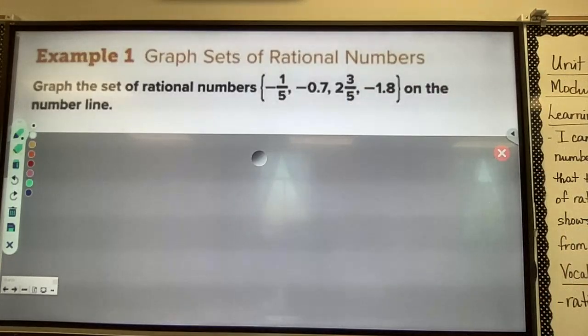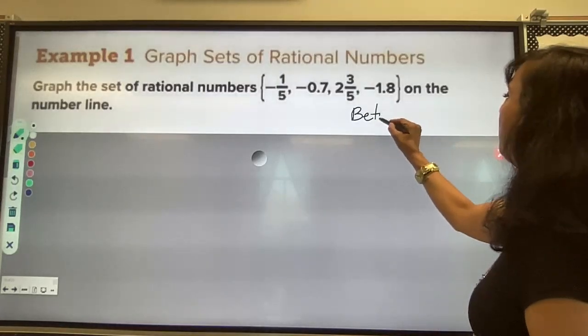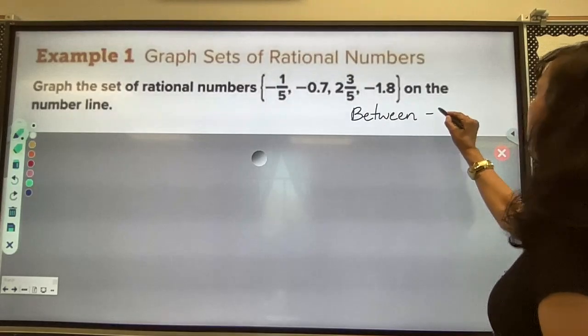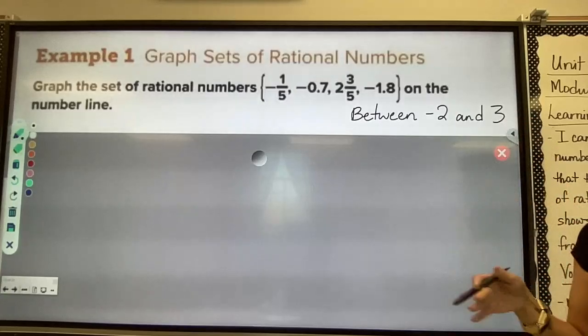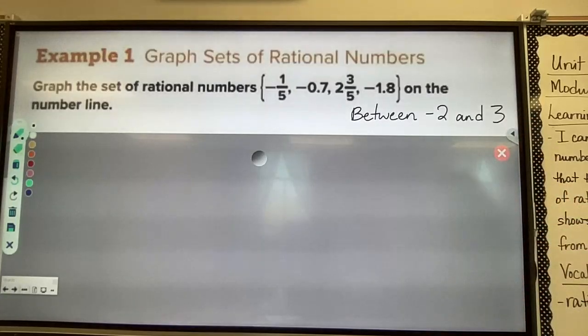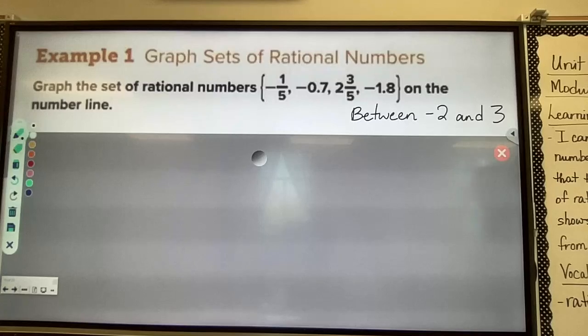So my integer boundaries, the values are lying in the set between -2 and 3. All right, so this is what I need to identify first. And then I'm going to graph the rational numbers. And once again, to graph the set, it is helpful to rewrite the fraction and mixed numbers as decimals in order to find the location on the number line.